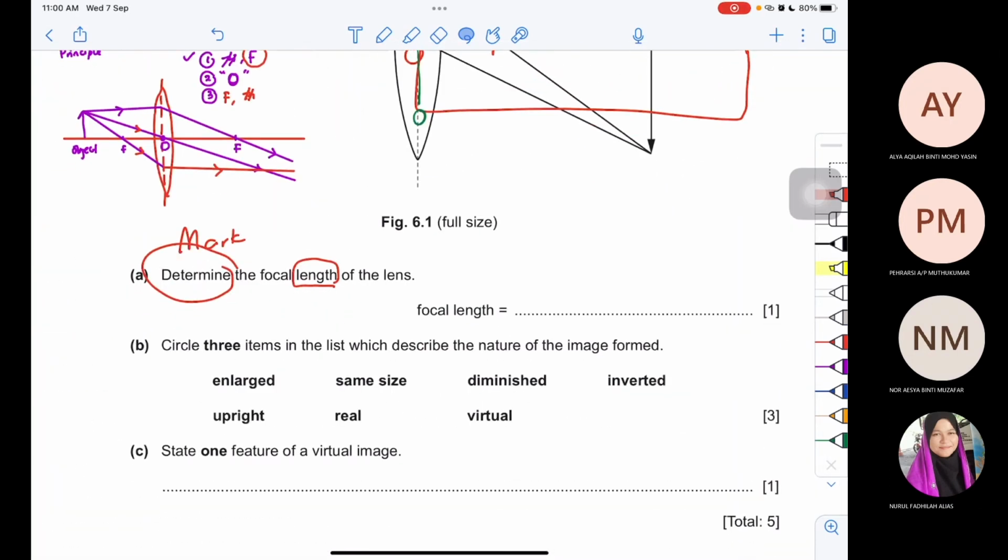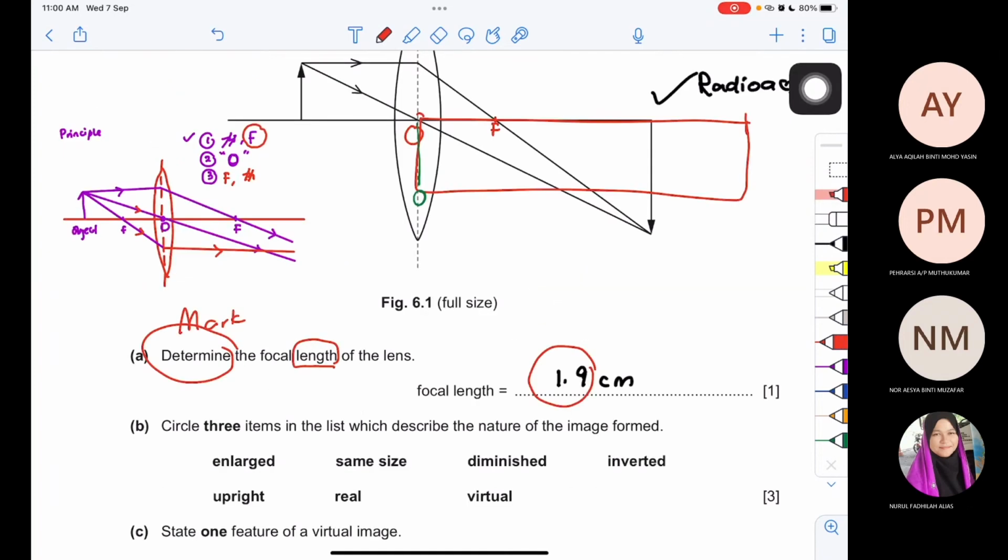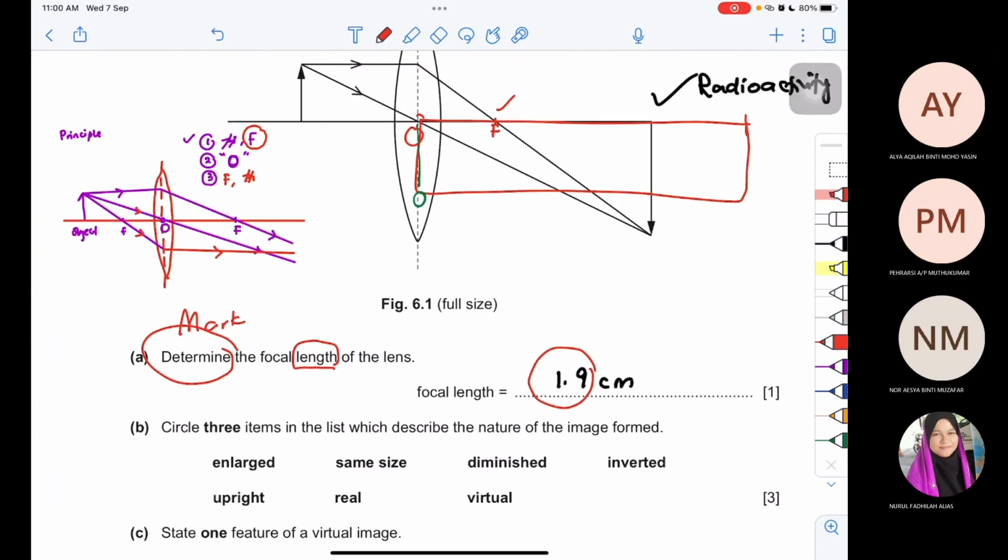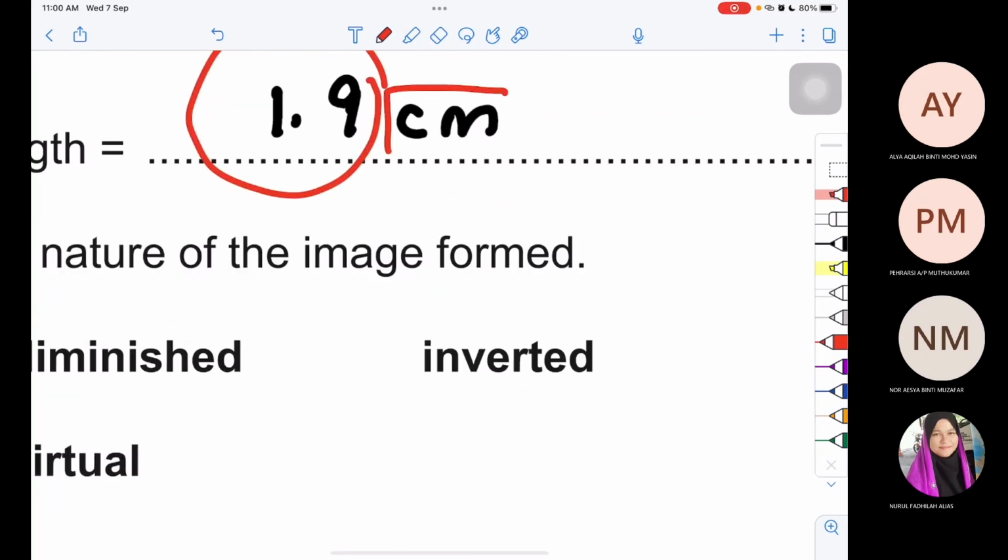Jadi everybody kalau you ambil you punya pembaris letak depan screen, you will get different answers. Tapi kalau you elok-elok dekat kertas, you will get somewhere around 2 cm ataupun 1.9 cm, something like that lah. Kat sini kan markah ada. Kalau awak tahu value pun, awak dah tahu F dekat situ, but you don't write cm, that's wrong.